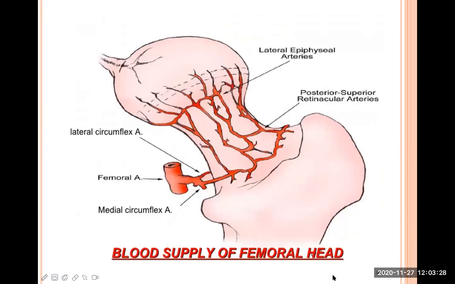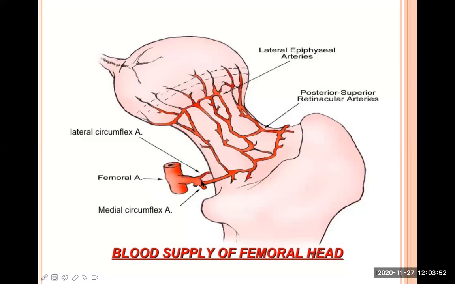Now, there is another picture showing the same thing in a very good way. See this, there is a femoral artery. This is the profunda femoris artery, or deep branch of the femoral artery, and it gives rise to the lateral circumflex femoral artery and medial circumflex femoral artery.